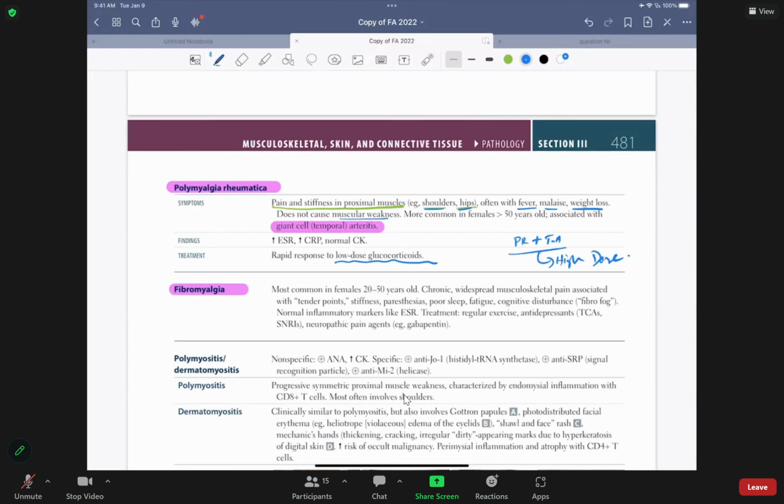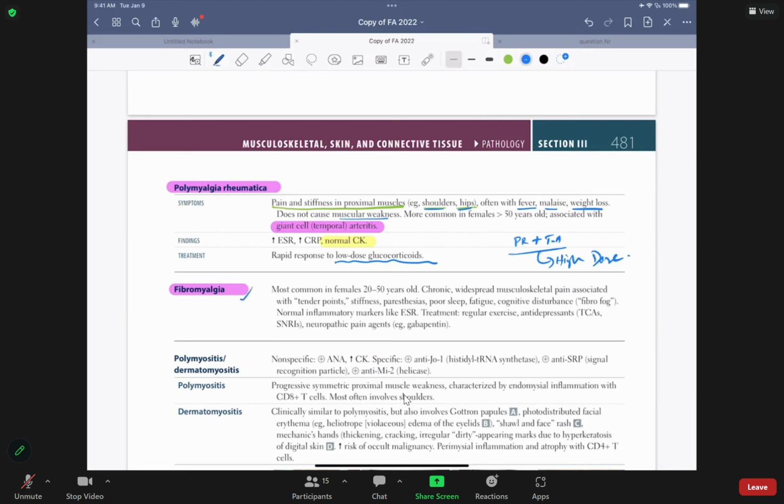So that's polymyalgia rheumatica. Next, I also want you to highlight normal creatine kinase, because it does not affect the muscle. That's important. It doesn't destroy the muscles. I'll tell you why I highlighted it.